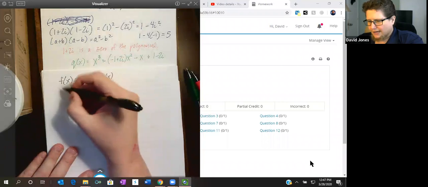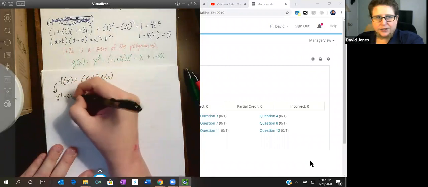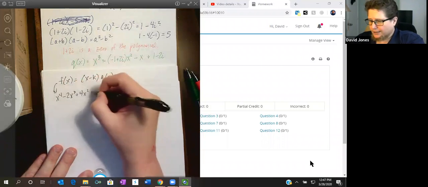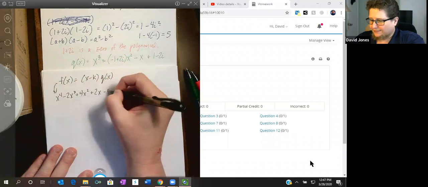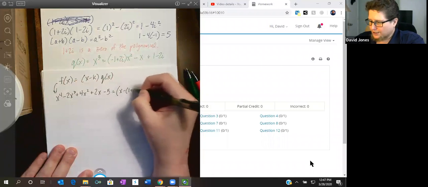So my f of x was the old numerator, x to the 4th minus 2x cubed plus 4x squared plus 2x minus 5, equals x minus 1 plus 2i.